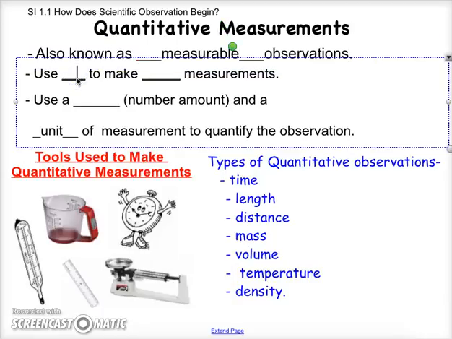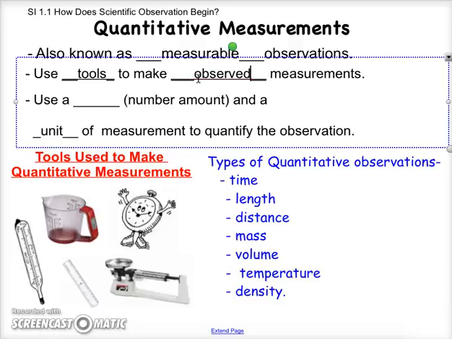We use tools to make observed measurements. So it's things that we can observe using tools and numbers to back us up. We use a quantity or a number amount and a unit of measurement to quantify the observation.